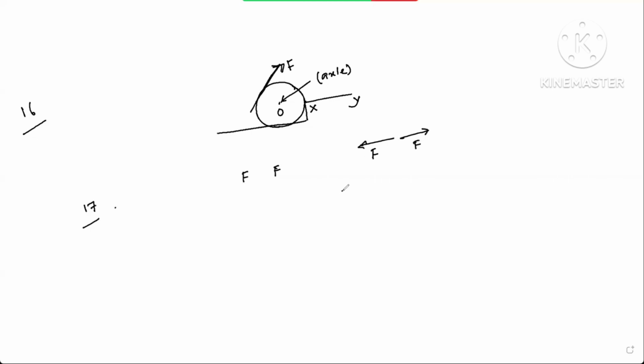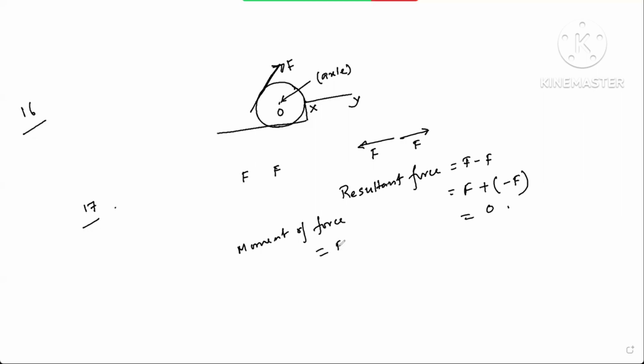So the resultant force will be F minus F, or you can write F plus minus F, so 0. If the two forces act on two different points on the body at a separation R, then the moment of force will be given as: moment of force equals F cross R.